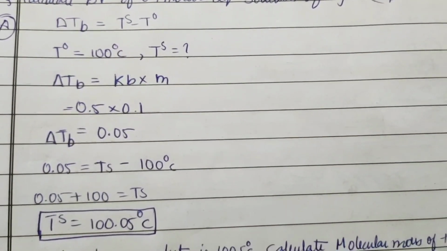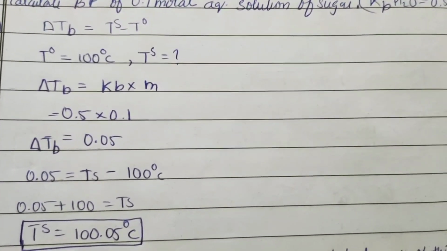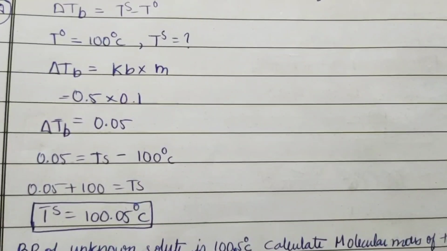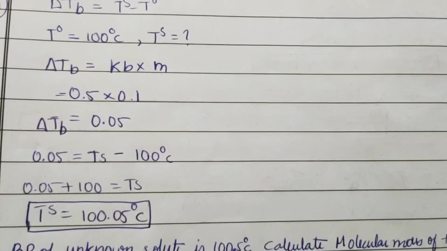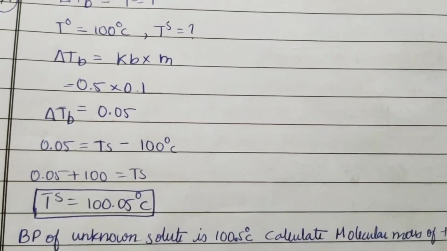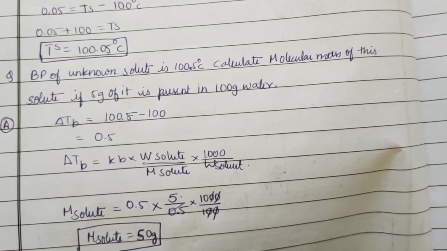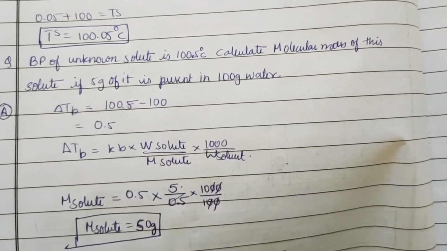Here Kb is already given, 0.5. So 0.5 into 0.1, delta TB equal to 0.05. 0.05 equal to Ts minus 100 degrees Celsius. So Ts equal to 100.05 degrees Celsius. Then boiling point of unknown solute is 100.5 degrees Celsius.